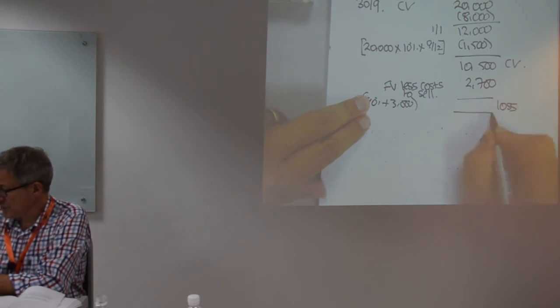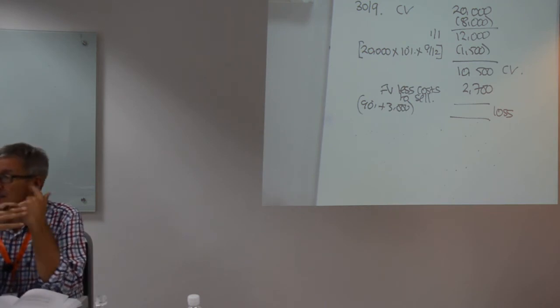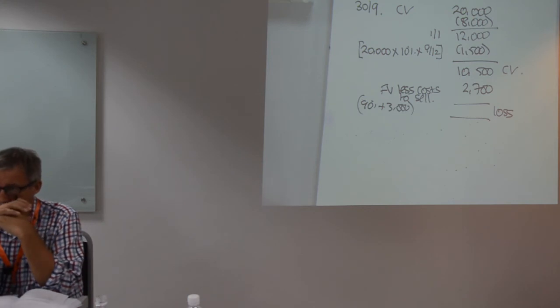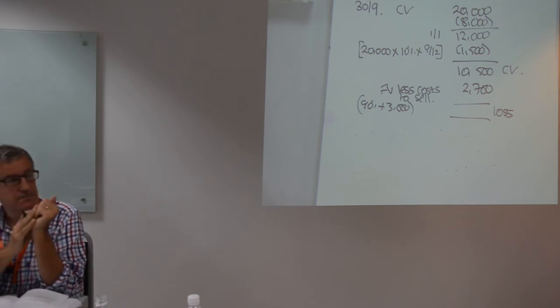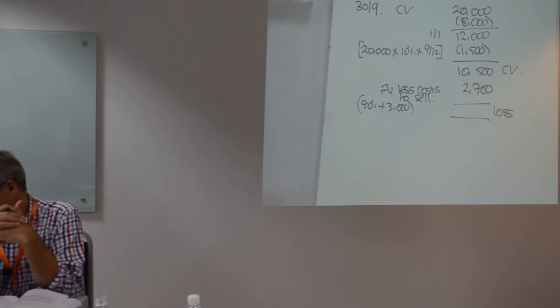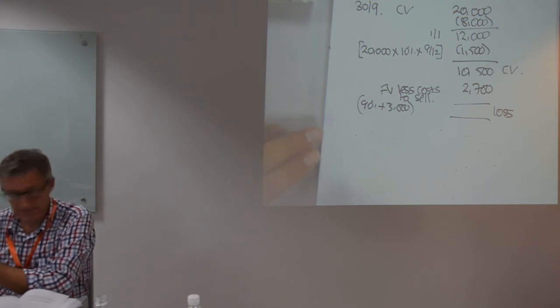We've got to charge that loss. There's no suggestion the asset has been revalued, so on that basis the loss will be charged to the P&L. 10,500, 2,700, and therefore the difference there is a loss of 7,800.